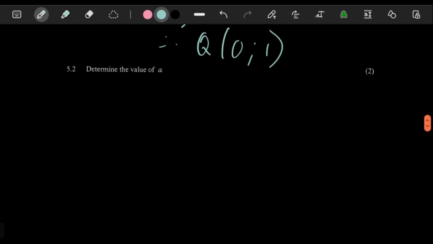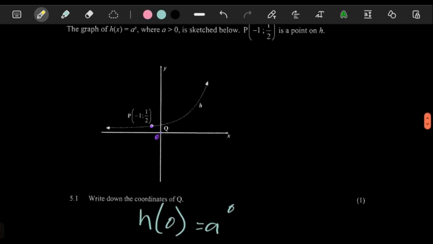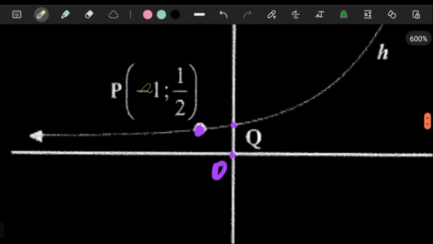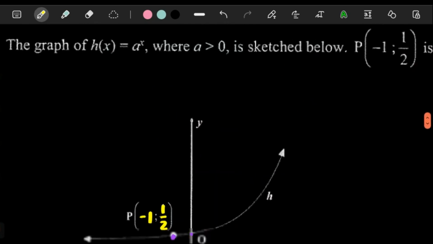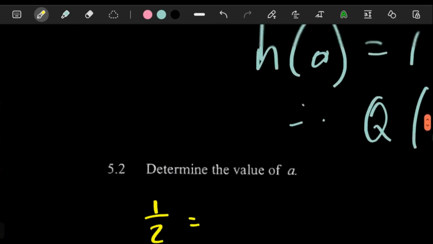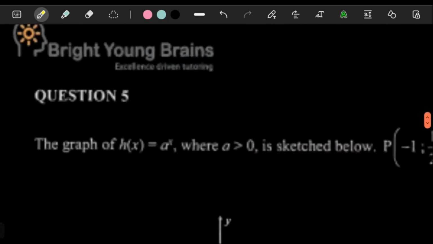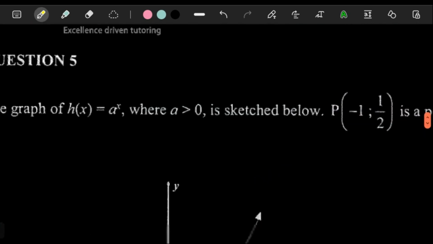Now they say determine the value of a. Getting the value of a is quite straightforward, because you have a coordinate that the graph passes through: -1, and here you have a half. So y is a half, and x is -1, so a to the power of -1.